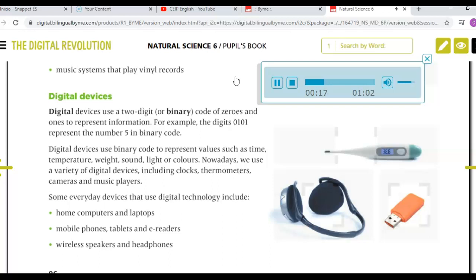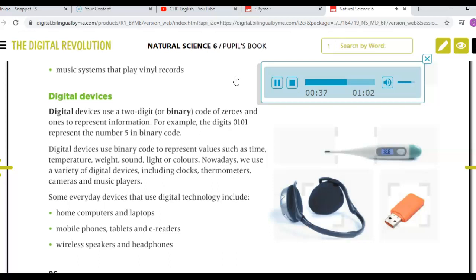For example, the digits 0101 represent the number 5 in binary code. Digital devices use binary code to represent values such as time, temperature, weight, sound, light, or colors.